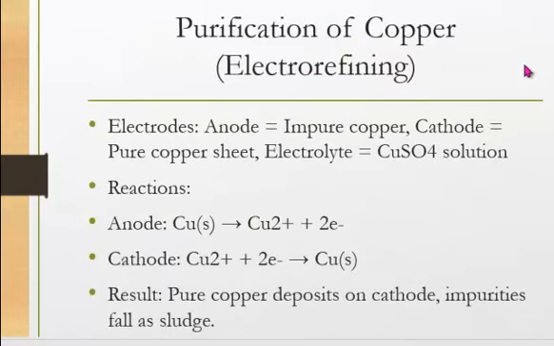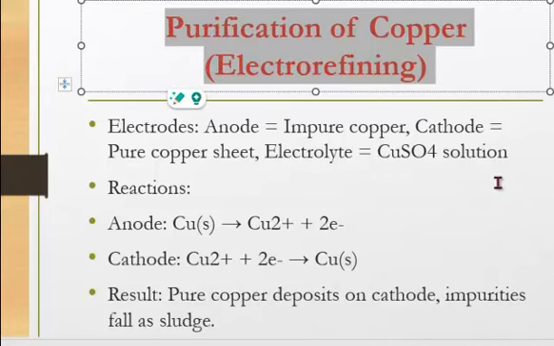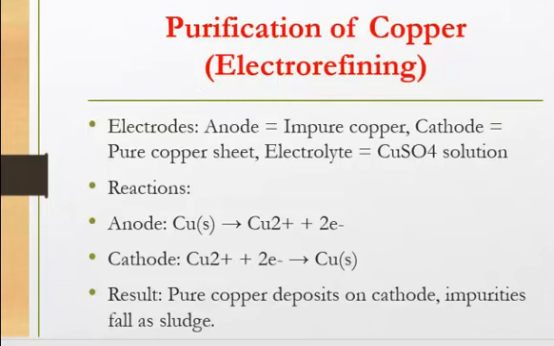That is that. And these are other purification examples. You can see now this purification of copper. Electrodes: anode equals impure copper, cathode equals pure copper sheet, electrolyte is copper sulfate solution.